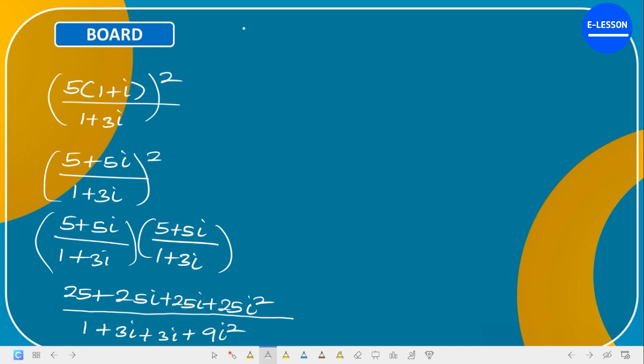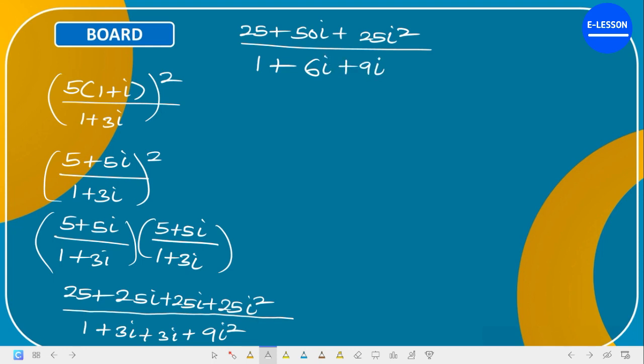And this will be 25 plus 50i plus 25i squared, and this all over. Why? Because 25i plus 25i will give us what? 50i. Then we have 25i squared. Then all over 1 plus 3i plus 3i will give us what? 6i plus 9i squared. Okay?